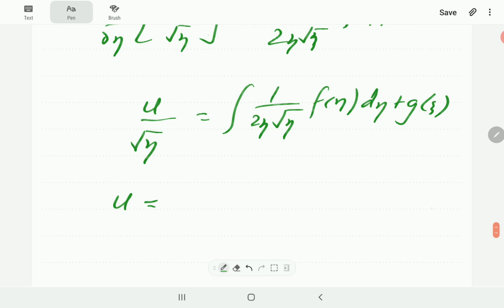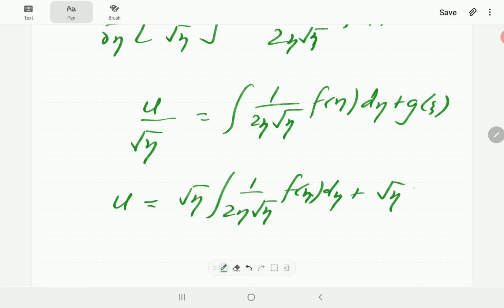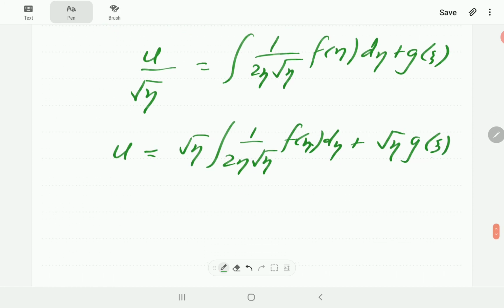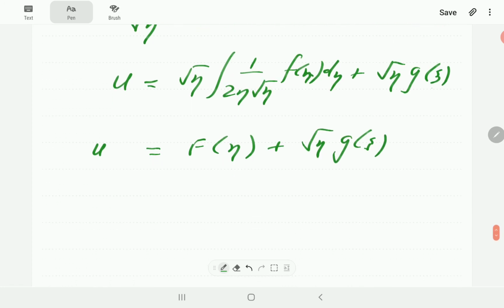Then u is going to be square root eta times this integral, which we don't have to evaluate. Well, we can't evaluate actually, even if we wanted to, because f is arbitrary. And then our u is f of eta plus square root of eta times g of xi.